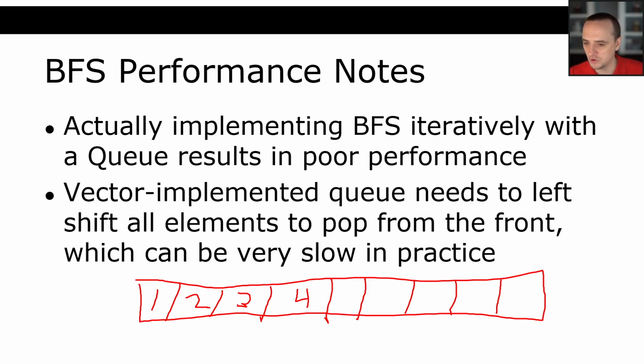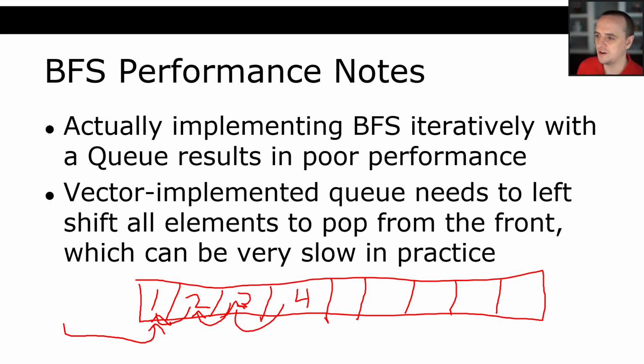However, in most programming languages, and anywhere that we're going to be using arrays like this, if I delete something from the front of a vector, the way it implements that is by left shifting every element in the vector. If I want to delete any element from this queue, I'm going to have to move everything in front of it to the left until it reaches where I deleted from.